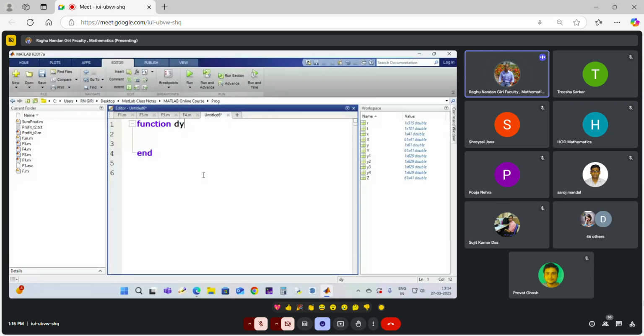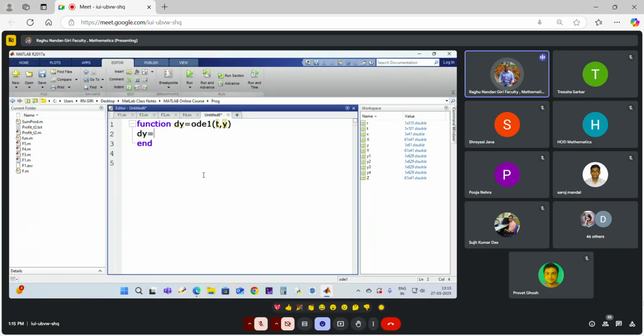Suppose the output variable is dy, and suppose function 2, ODE1 of t comma y.